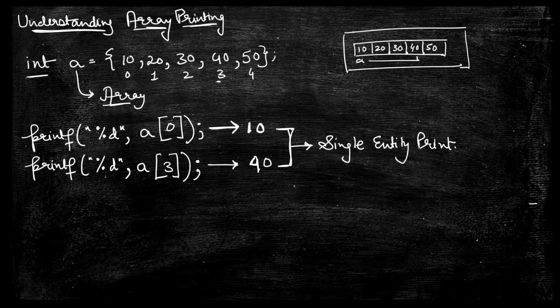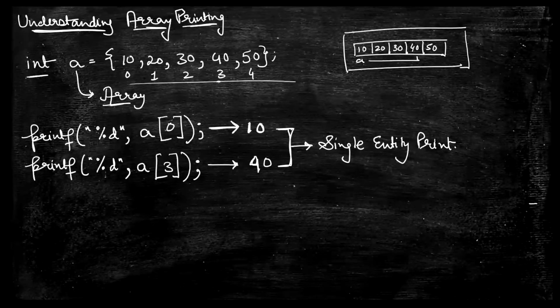Now suppose I want to print all these elements, that is 10, 20, 30, 40, 50 together, one after another. So what will I do? I will run a loop which will increment by 1, and the loop variable will control the index.